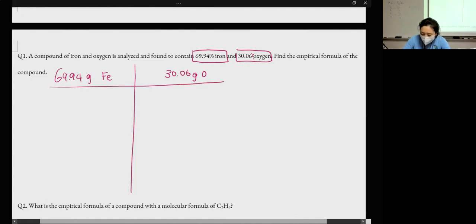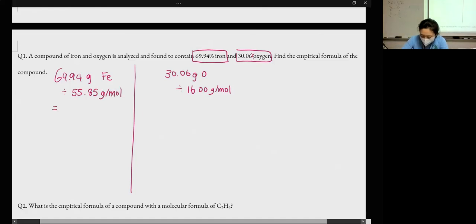And then what we're going to do is divide these numbers by the molar mass of each one. So oxygen is 16.00 grams per mole. Fe would be 55.85 grams per mole.